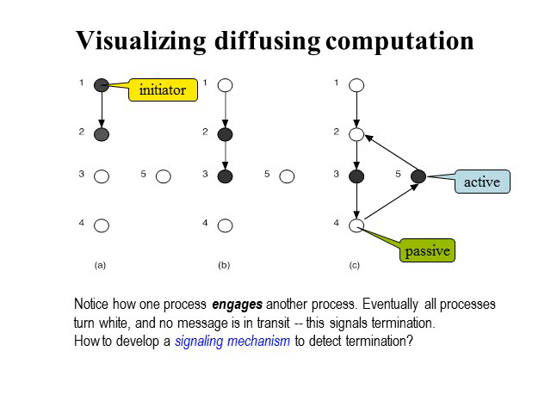So this diffusing computation forms the basis for the algorithm that we're going to look at in the next slide, which is called the Dijkstra-Scholten algorithm for termination detection.